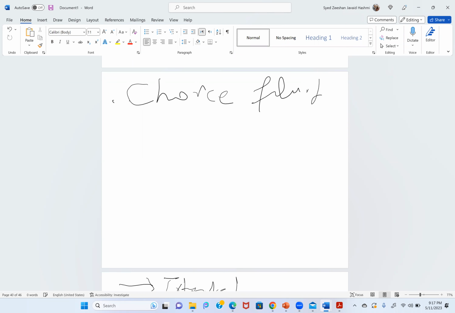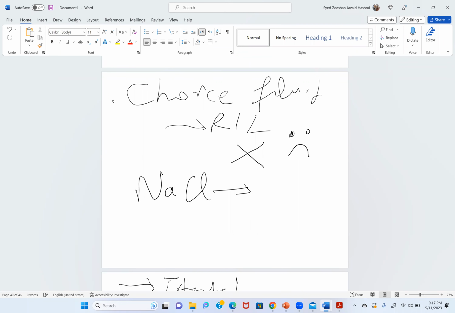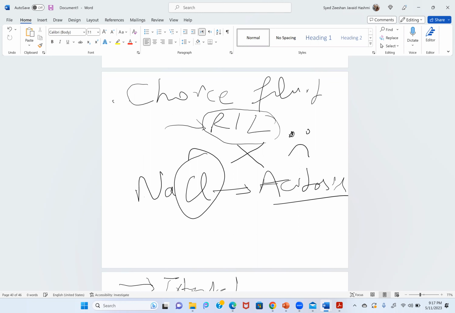That will also be important. There is a myth that you should not give ringer lactate, which is unfortunately wrong. You can give ringer lactate. There is no problem. Rather, if you are giving sodium chloride, it is hyperchloremic, so it causes more acidosis. So there is no problem in giving ringer lactate.